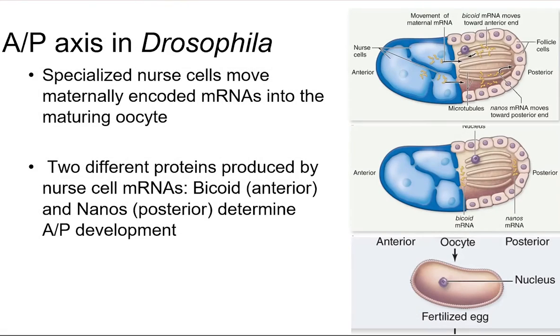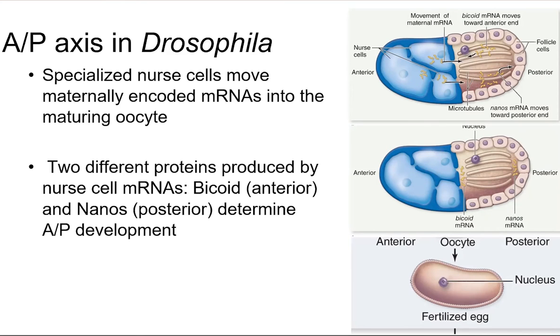Now, the development planning of Drosophila begins before fertilization, when specialized nurse cells transfer their mRNA to the oocyte, or developing egg. These transcripts are maternal in that they are from the egg-producing organism, and therefore the initial determinant of features such as the anterior-posterior axis is dependent on maternal genes only rather than those of the zygote.